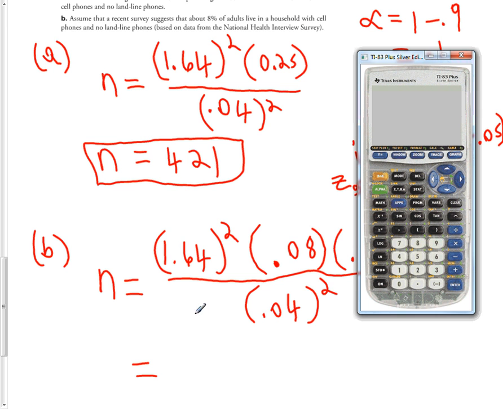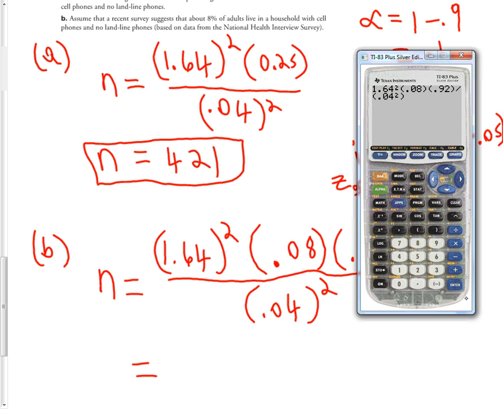So let's see what this is equal to. Let's go to our calculator again. Okay, so in this case, we're doing 1.64. We're squaring it, and then we're multiplying that by 0.08. We're multiplying that by, oops, parentheses, 0.92, and then we're dividing all of that by 0.04 squared.